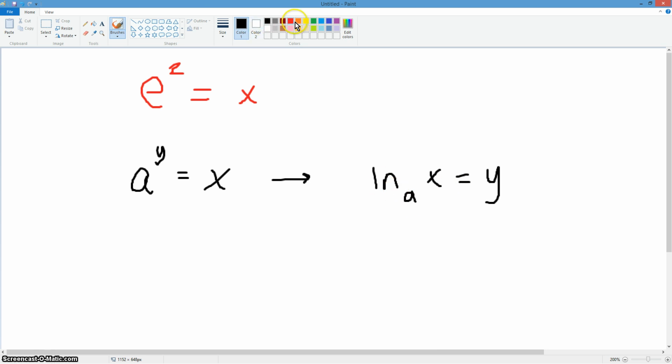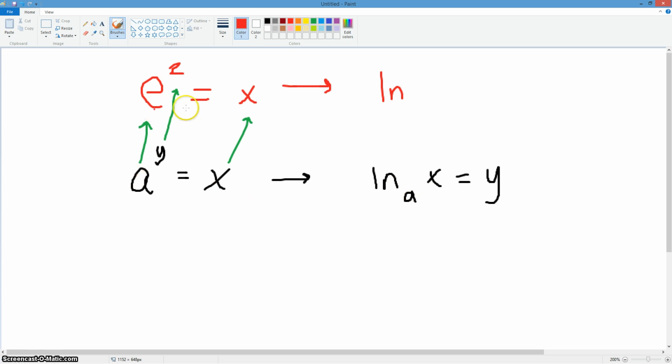So let's go ahead and match up each of these letters. A will represent my e, y will represent my 2, and x will still represent my x. So if I want to rewrite this as a log function, it will be ln, base a.